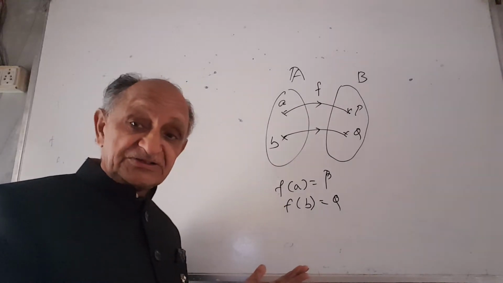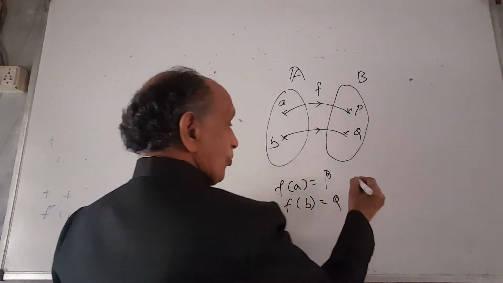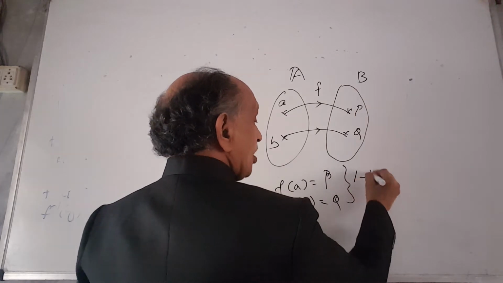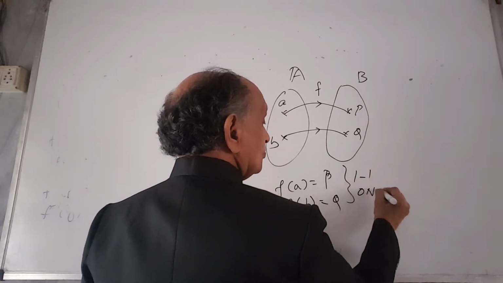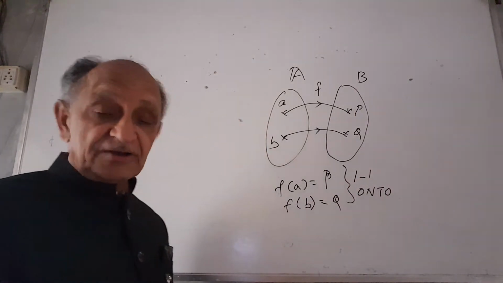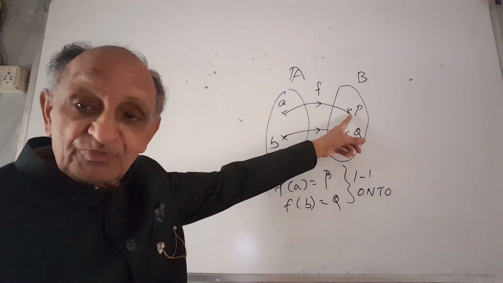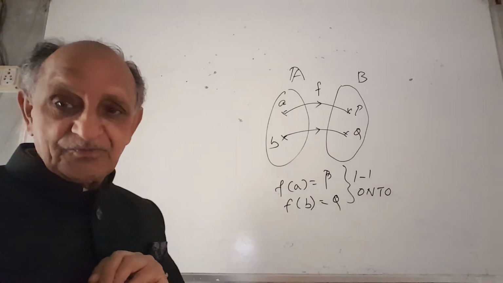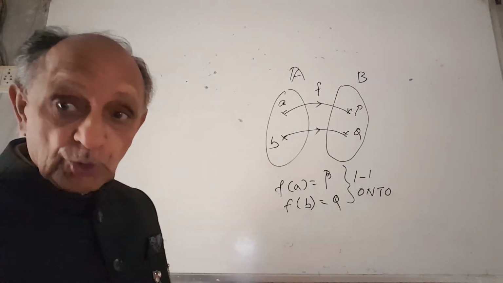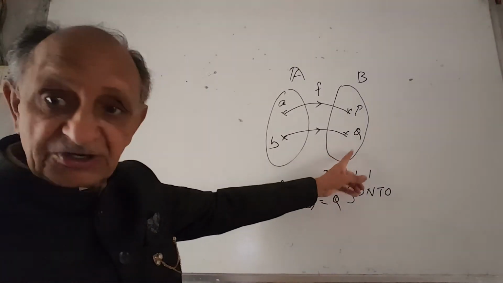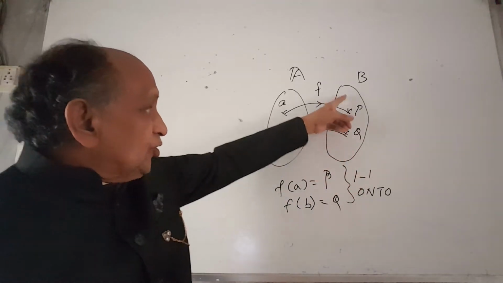What type of function is this? This is a one-one onto function. Why one-one? Because one element is associated with only one element. And it is onto, in this set, there is no element left.